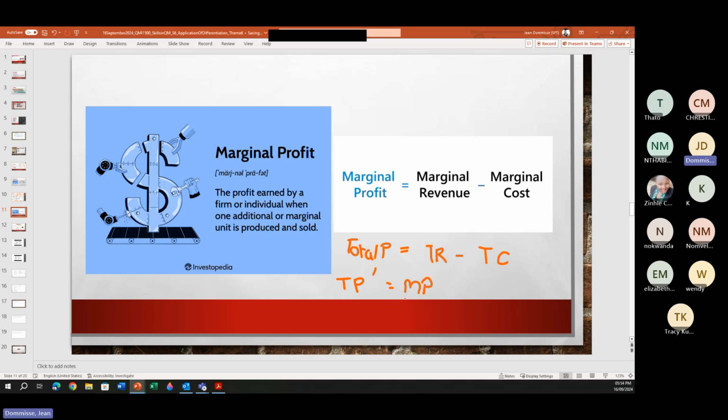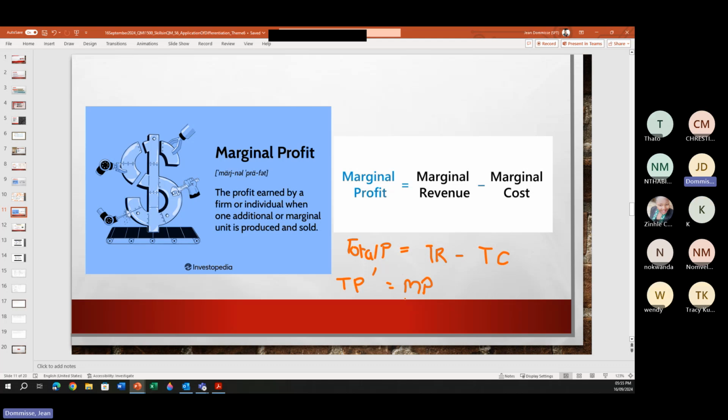So there are a few ways again how you can work out your marginal profit. They can give you the marginal revenue and marginal cost, and if you subtract the two, you get your marginal profit. Or they can give you total revenue and total cost, and if you subtract those two, you get your total profit. Then if you take the first derivative of your total profit, you will also get to your marginal profit.